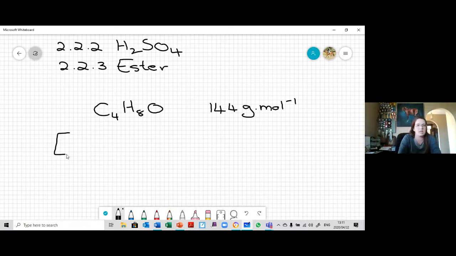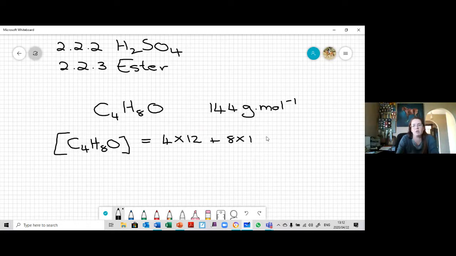So I'm going to say, I tend to use this way of writing it. You don't have to. Okay, so it's 4 carbons, each of them is 12 grams per mole. It's 8 hydrogens, each of them is 1 gram per mole. And there is 1 oxygen. Okay.